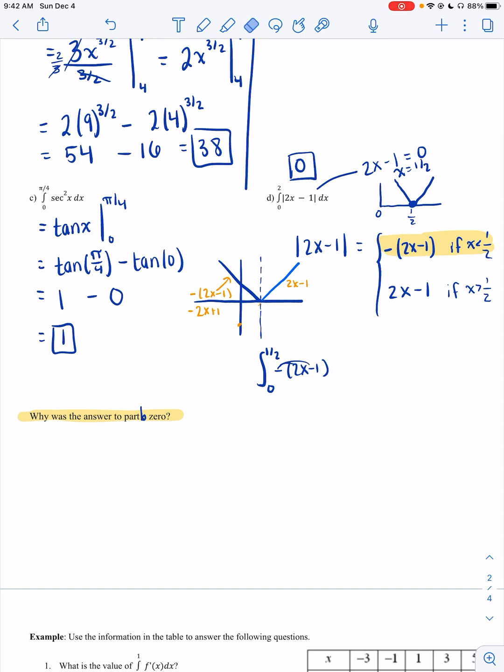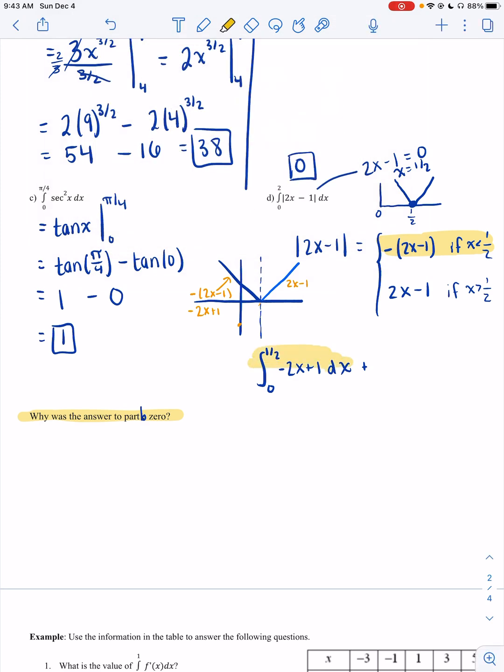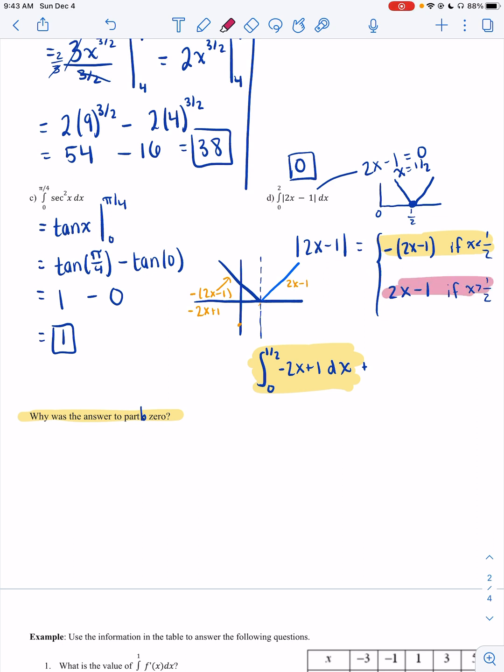If you feel comfortable, go straight to negative 2x plus 1 dx, coming from our first half. Plus our second half, the integral from 1/2 to 2 of 2x minus 1.